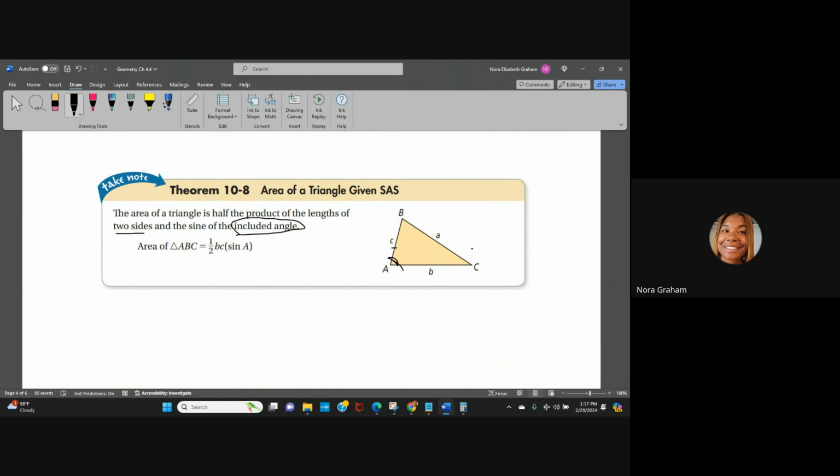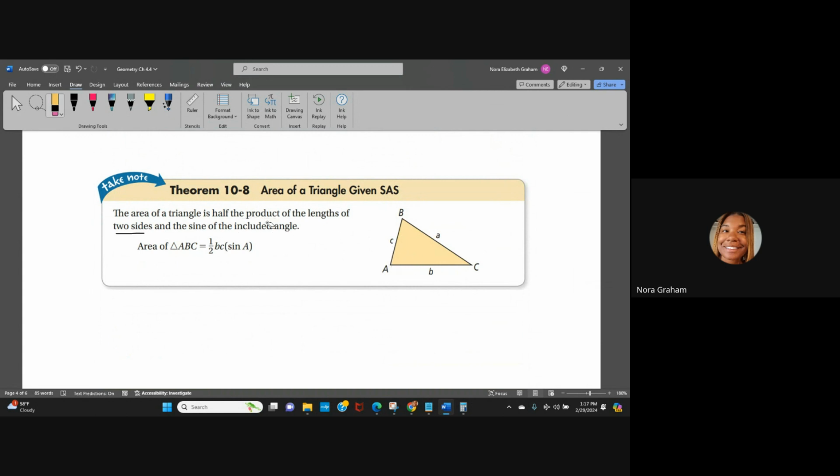If there was another triangle that this was congruent to, these would be corresponding sides. But basically, we can look at our included angle as the angle that's in between the two sides that I'm going to be using, okay? So if I do 1/2 times b times c times the sine of my included angle, I can go ahead and get the area of that triangle, right?